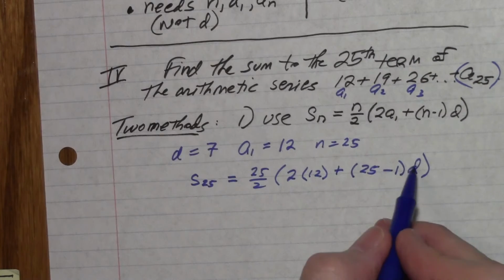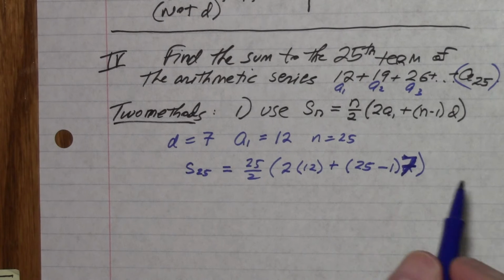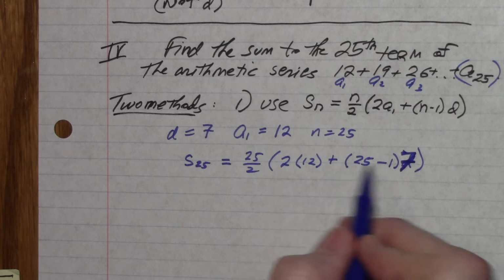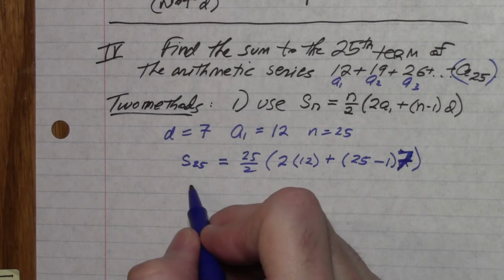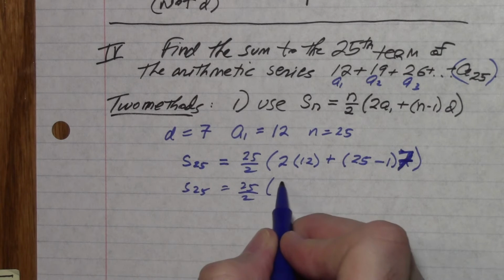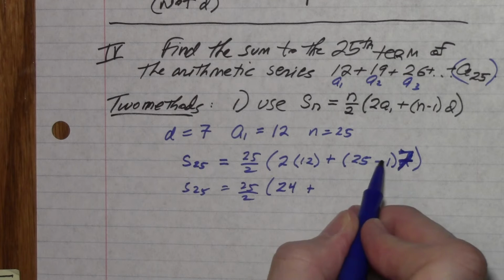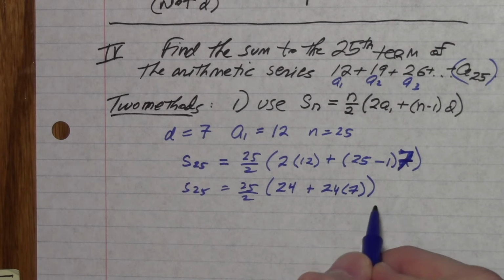Oh, wait a minute. The d we do know. That's good. A 7 is something I can overwrite d with. Okay. So we know all of these. That will give us what the sum is. So I'm going to do all the inside stuff here first. 25 over 2, that's 24 times 7.